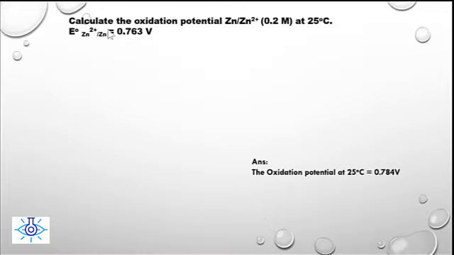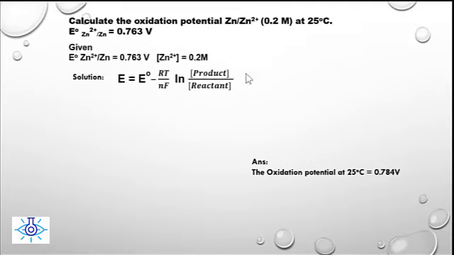Similarly, let us calculate the oxidation potential of an electrode at 0.2 molar at 25 degrees Celsius. The E0 value is given and the concentration is also given. We have to calculate the oxidation potential. For that, write the Nernst equation: E = E0 - RT/nF ln [products]/[reactant].